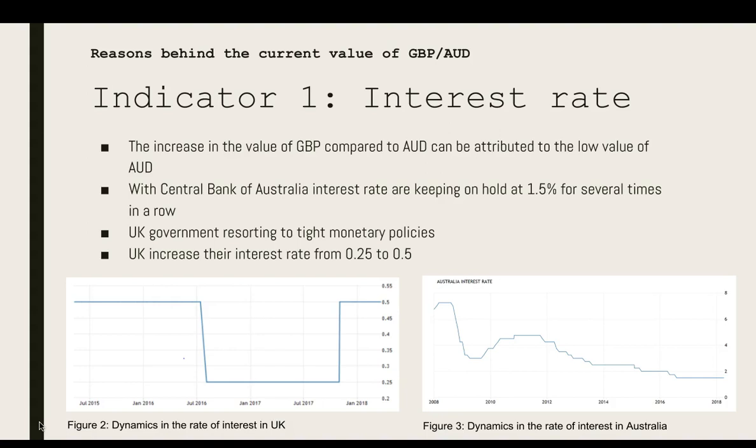On the other hand, the government of the UK has started resorting to tight monetary policies, thereby increasing their rate of interest from 0.25 to 0.5. This in turn has also led to an increase in the valuation of the GBP, which makes it comparatively costlier in terms of AUD. That can be seen from the following features.